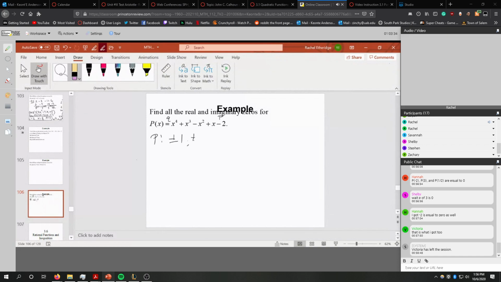I'll just list the factors 1 and 2, and the Q's are just 1. So P over Q is going to be plus or minus 1 over 1, plus or minus 2 over 1. So that's all we have. So basically, those are only 4 that we would have to test.